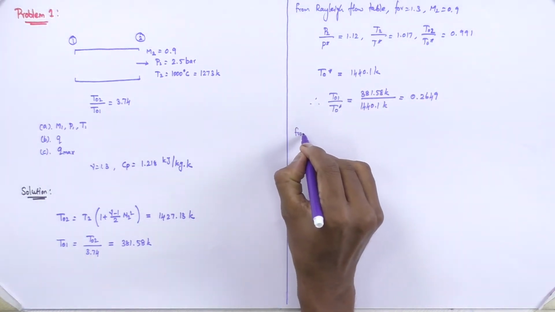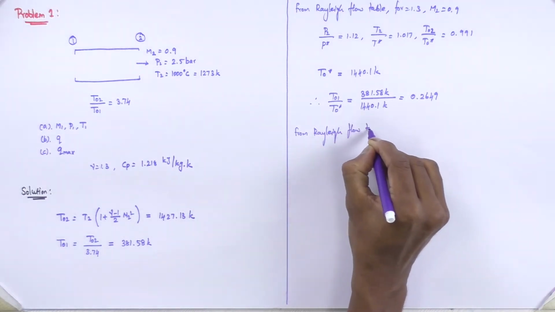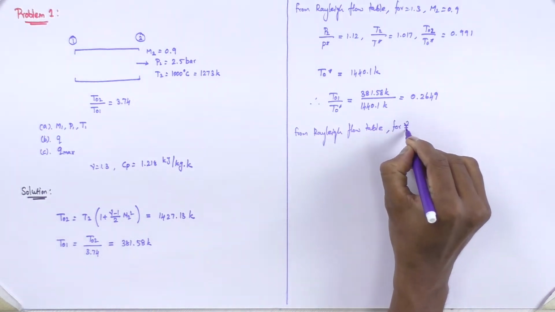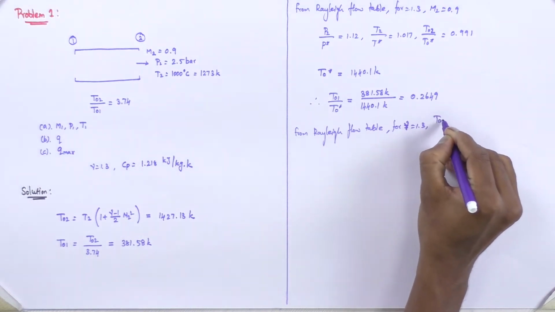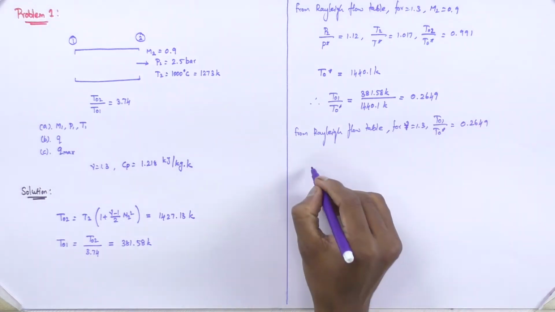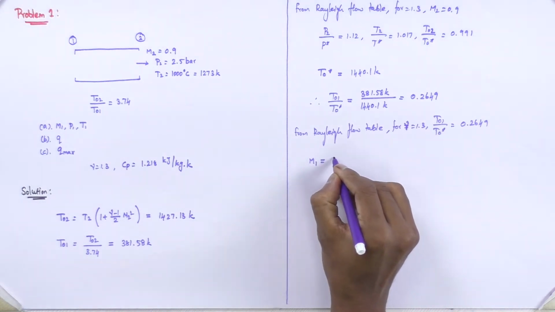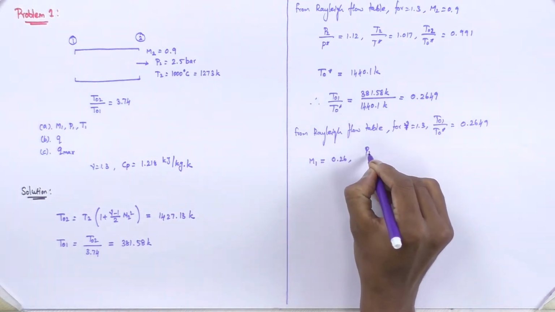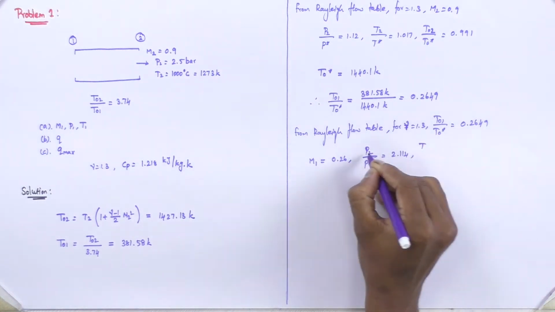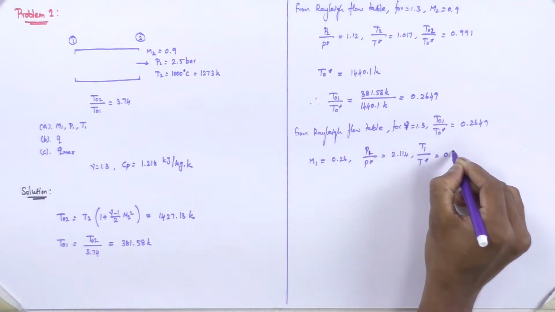From the Rayleigh flow table, for gamma equal to 1.3 and T01 by T0 star equal to 0.2649, the corresponding inlet Mach number M1 is equal to 0.26, then P1 by P star is equal to 2.114, and T1 by T star is equal to 0.302.